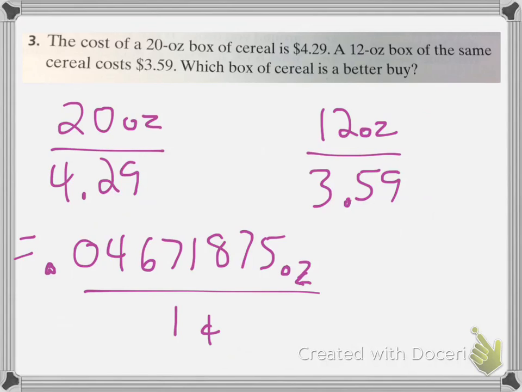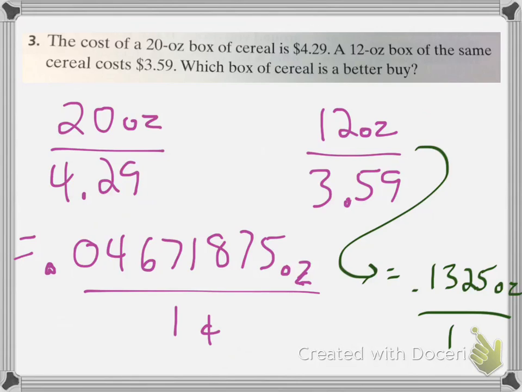Now on the other hand, we end up getting .1325 ounces per 1 cent.